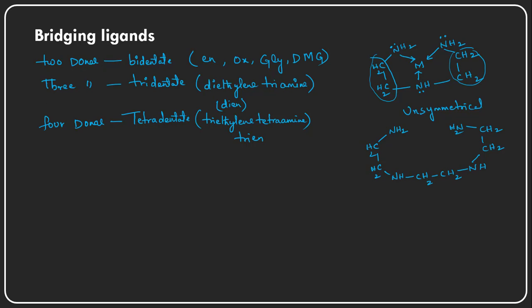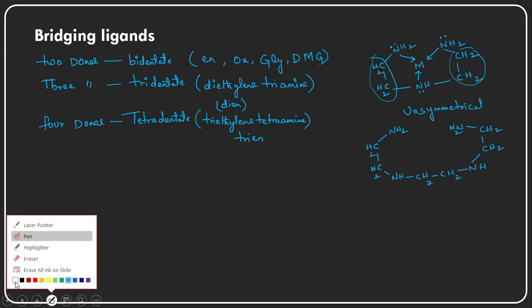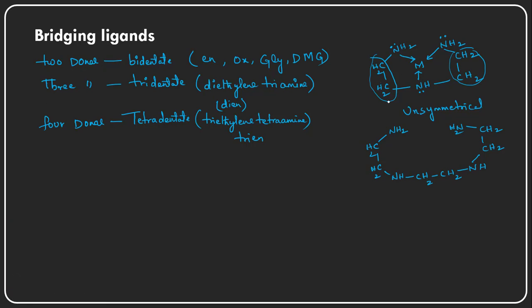Now see here how many donor atoms are there. This is the one donor atom, nitrogen, because it has a lone pair of electrons. This is the second donor atom with a lone pair of electrons. Third donor atom, because it has a lone pair of electrons, and fourth donor atom.